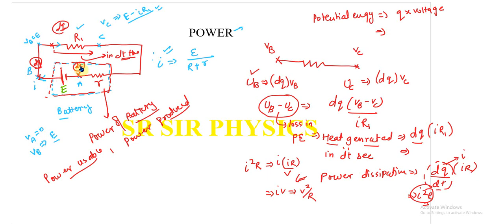And who is that? That is our battery. So if we see here, we can write UB minus UA.